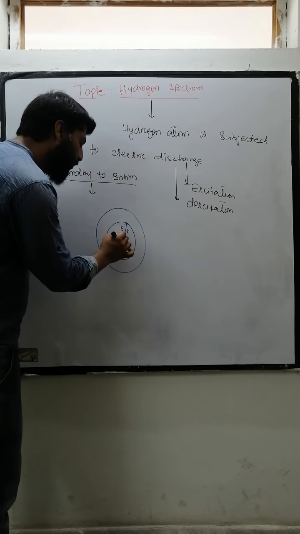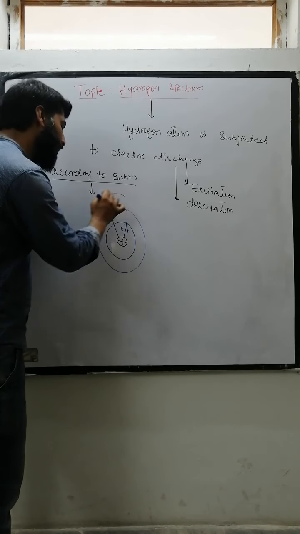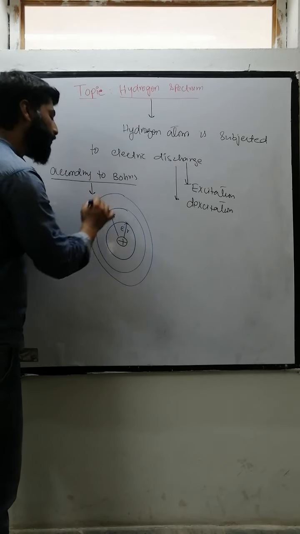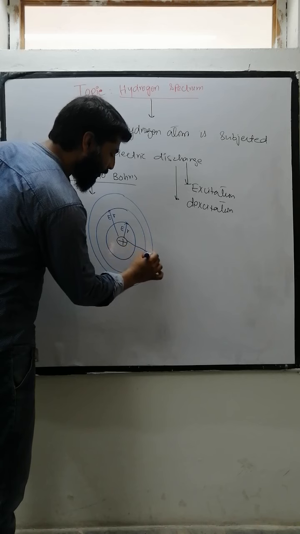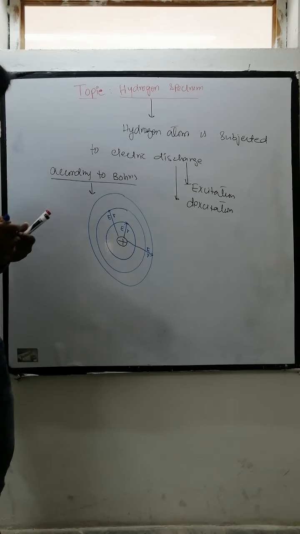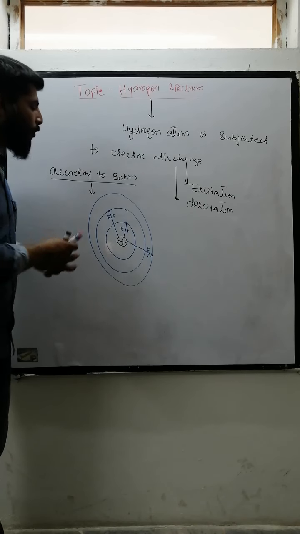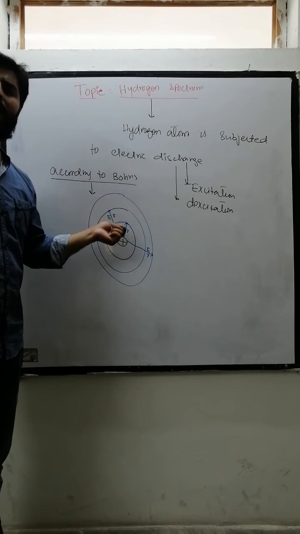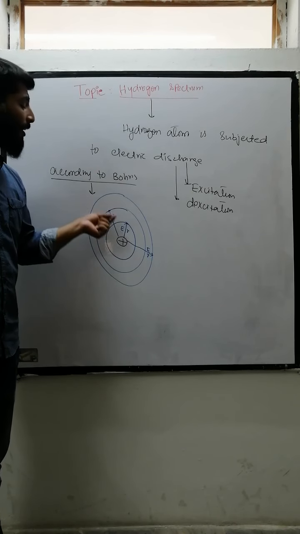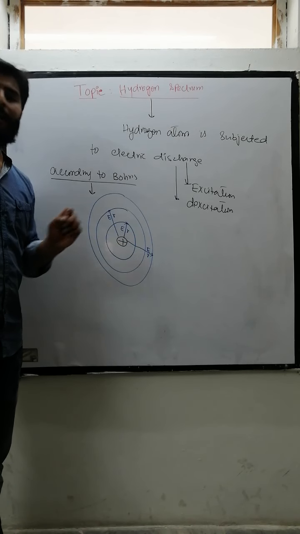Similarly, from the nucleus, this shell has specific radius and energy, and we have another one. It also has specific radius and energy. According to Bohr's atomic model, electrons are revolving around the nucleus in specific circular paths having fixed radius and energy.